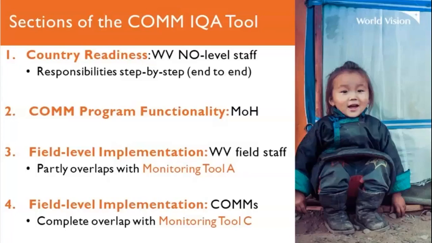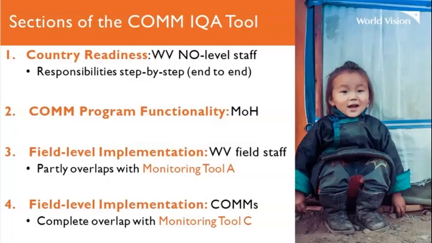The second tab for COMM is the COMM program functionality. And what we're talking about here are the types of elements that global research shows us are important for the success of community health committees. The way they are set up nationally, the way really that the Ministry of Health has set them up nationally.